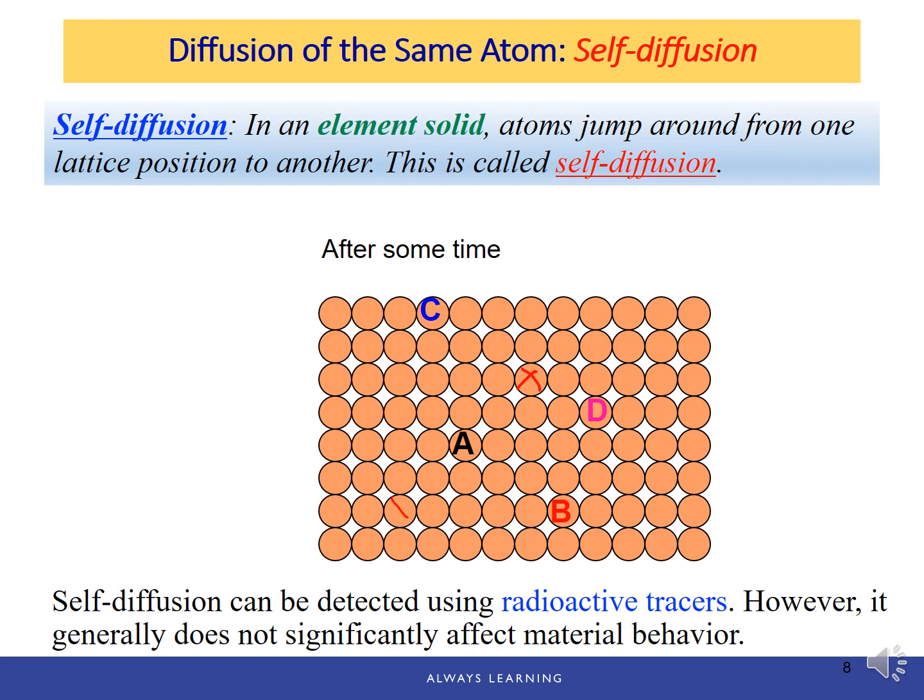There should be other vacancies here too. So the atoms have empty spots to jump into, and they can jump around. One thing that makes diffusion possible is the presence of those vacancies. And vacancies are also moving around because they're exchanging positions with atoms.